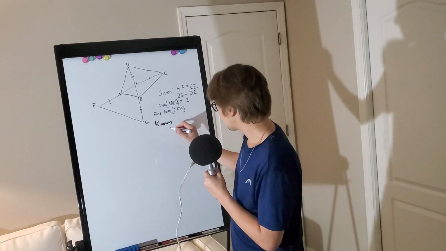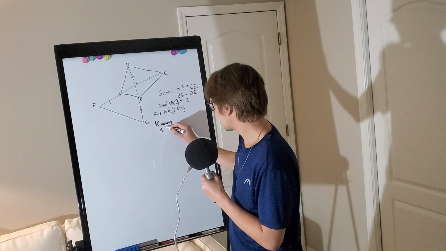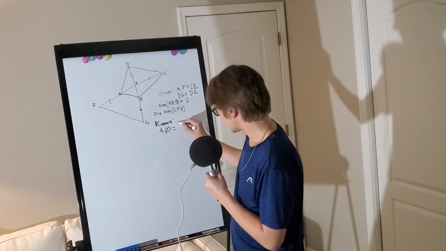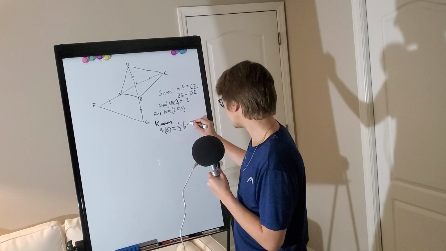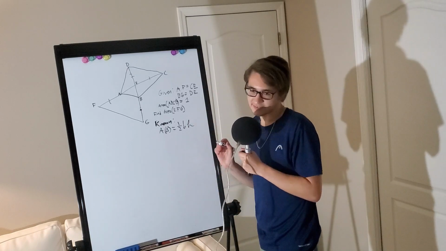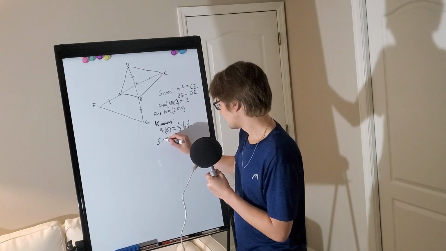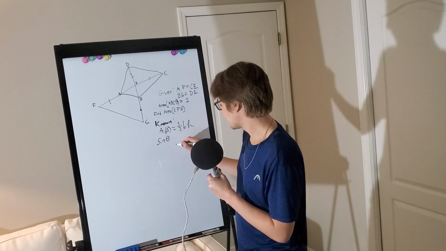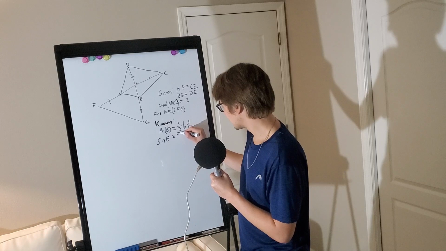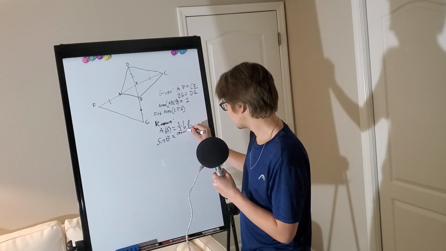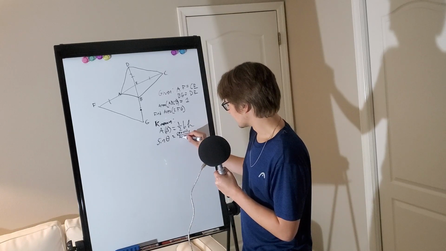What we know is that the area of a triangle is 1/2 of the length of the base times the height. And the other thing we know is that the sine of an angle is, in a right triangle, the length of the opposite side divided by the length of the hypotenuse.